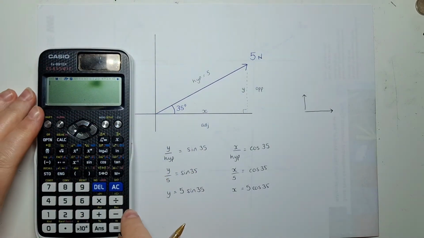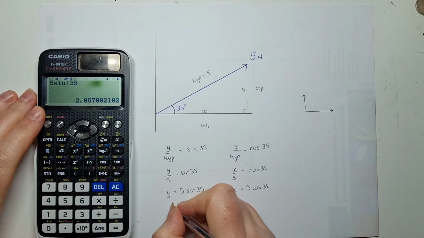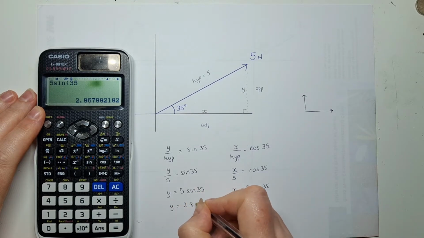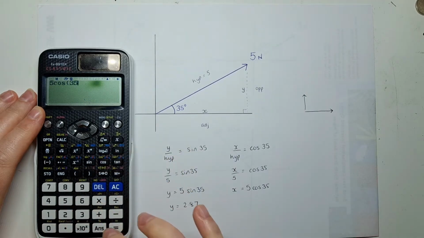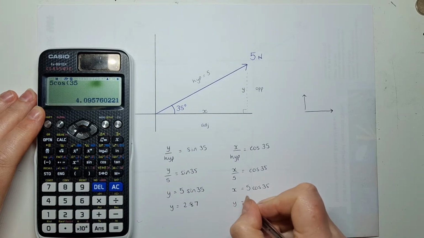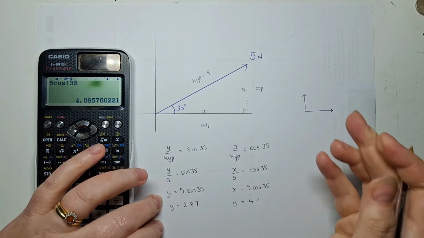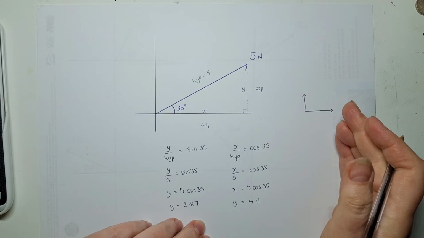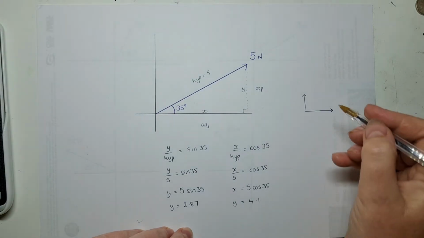Check you're in degrees. 5 sine 35 is 2.87. And if I do 5 cos 35, we get 4.1 roughly.